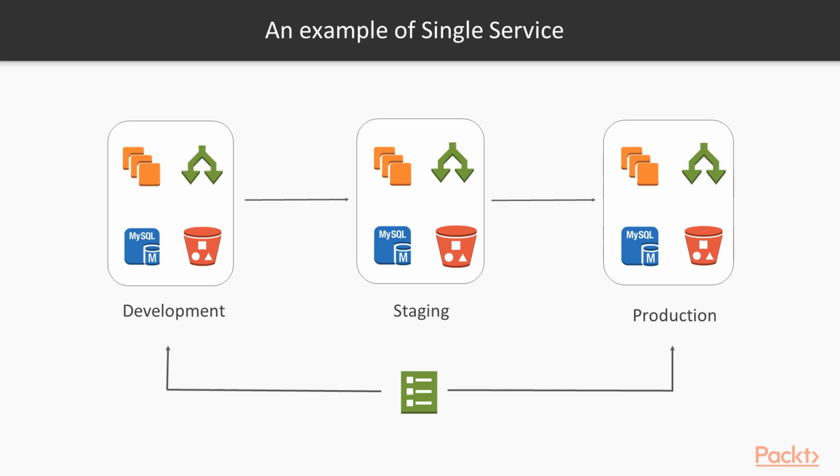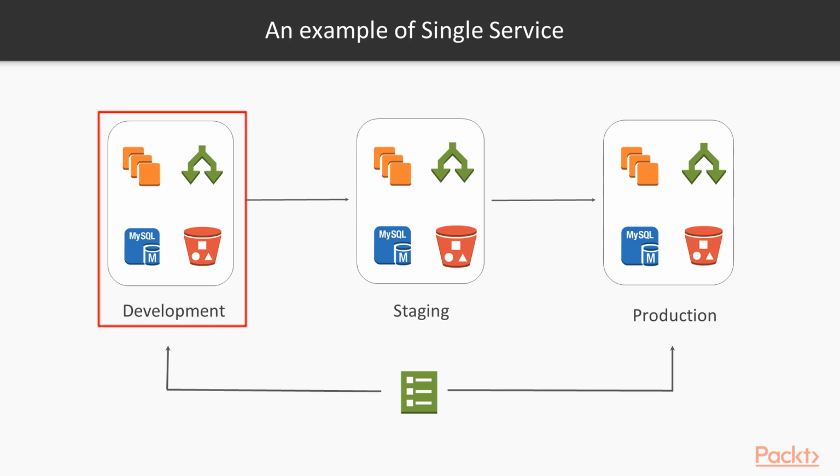So we are taking an example of a single service. Let's assume that this is a single service in the development environment. Within this, you have a few EC2 instances, a load balancer, a MySQL RDS database, and an S3 bucket. This is somewhat like a three-tiered architecture.